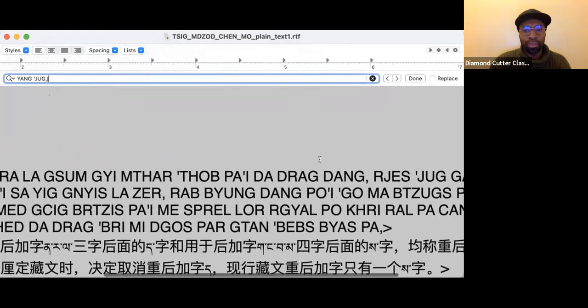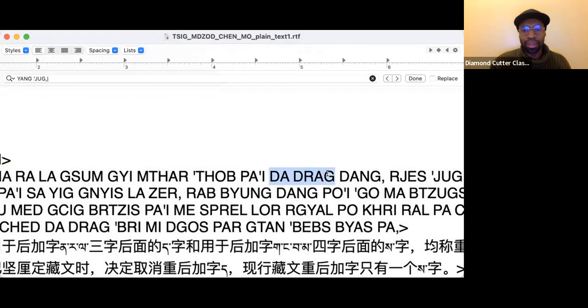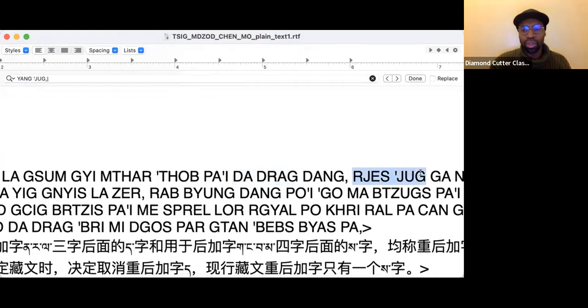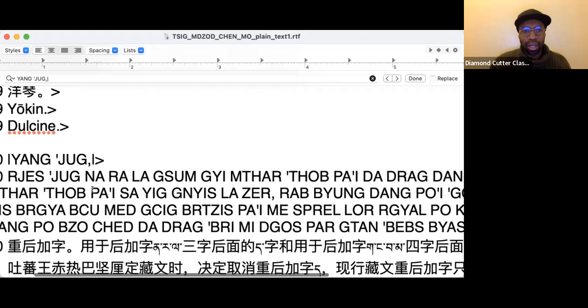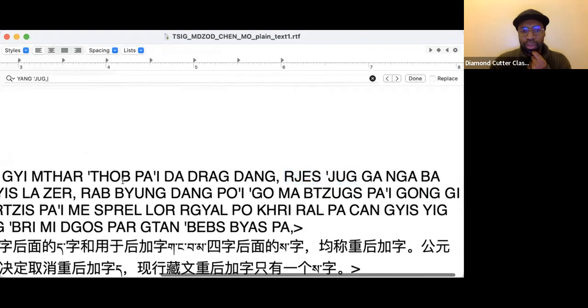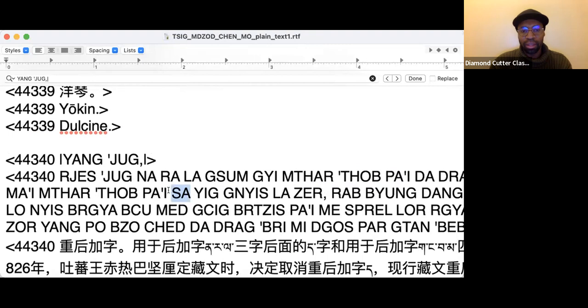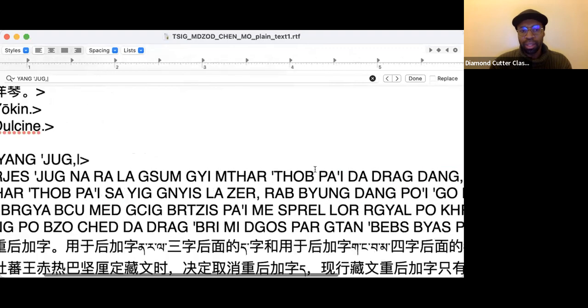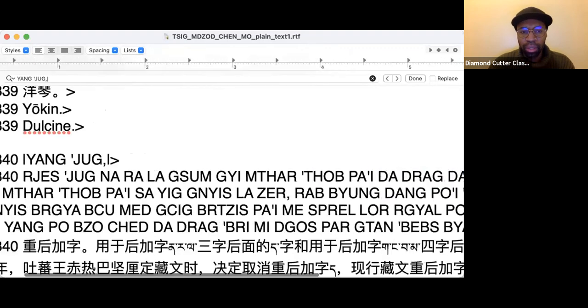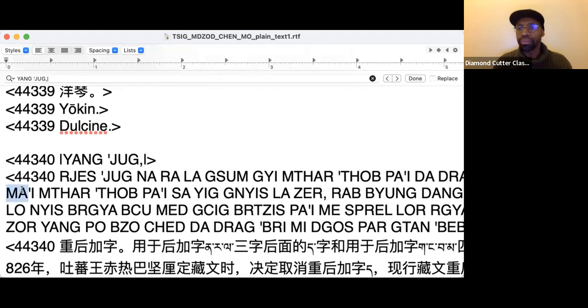Tajak is ta as secondary suffix, and Genjuk means suffix. The sa can only happen after ka, nga, pa, and ma. Those four. That's what Tibetan says.